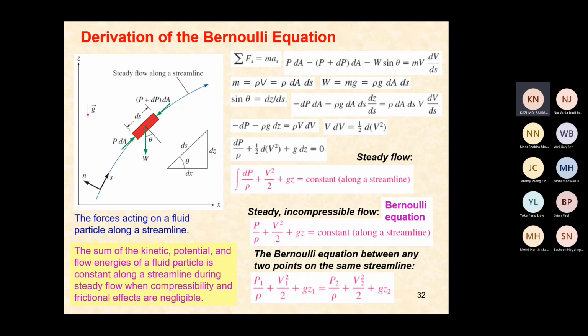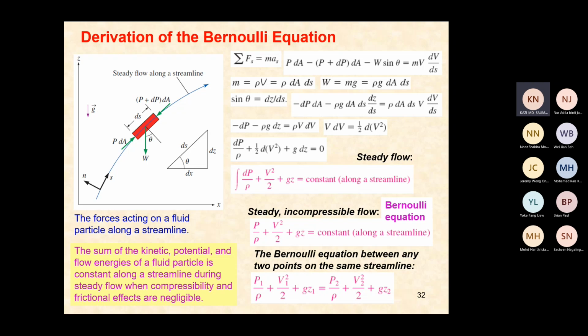And here v into dv is equal to half into the differential of v squared, which can be written like this because it represents the same thing as v into dv. So rearranging the equation, we get dp by rho plus half d(v squared) plus g dz is equal to 0.